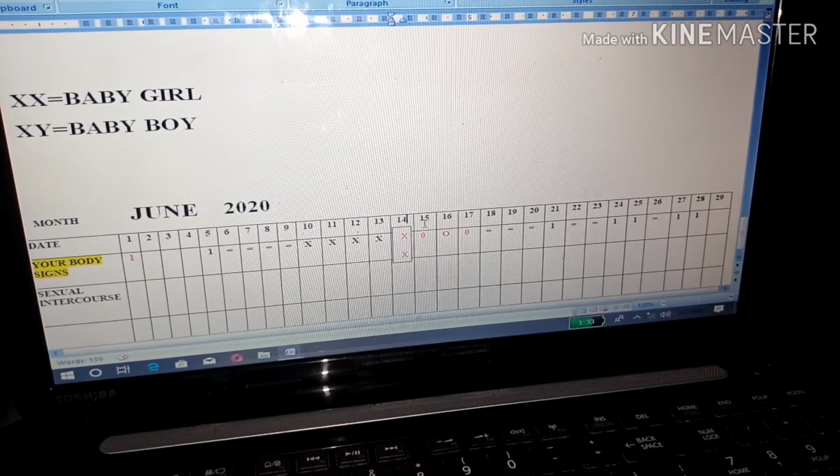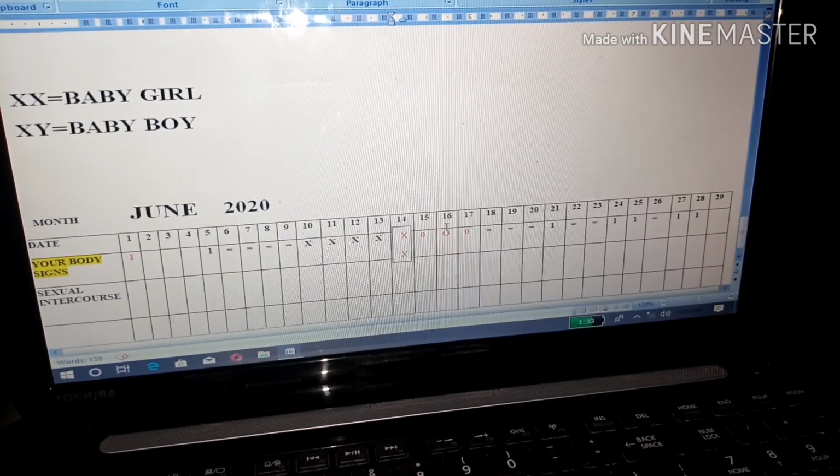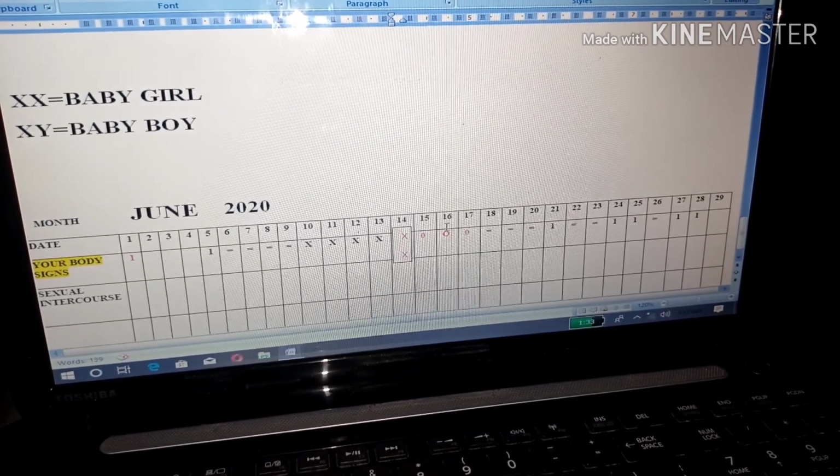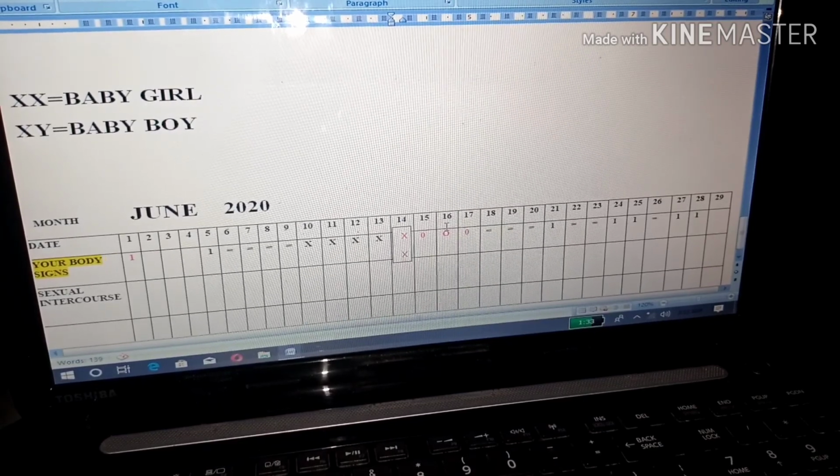Now, if you ovulate on the 15th and you're having sexual intercourse on the 16th, the ovum is still viable and any sperm coming with the Y chromosome is going to hit its target without missing it. Now, remember, all these factors are under God factor. You have to put God first, and whatever you are doing, especially if it concerns your baby.